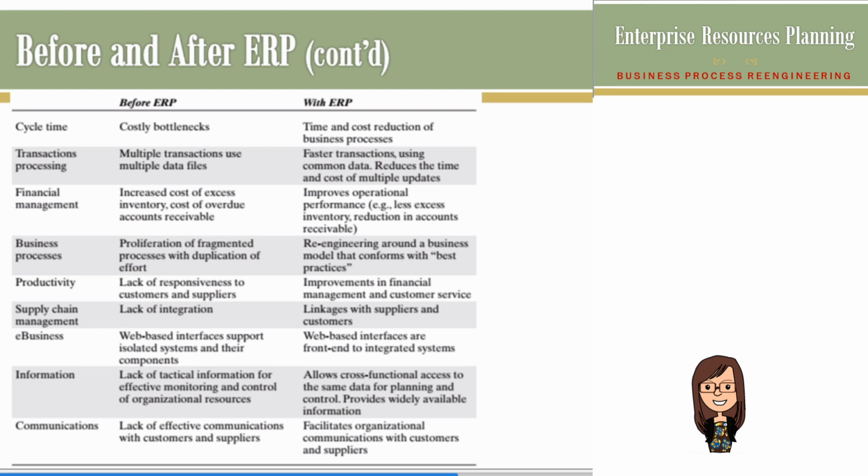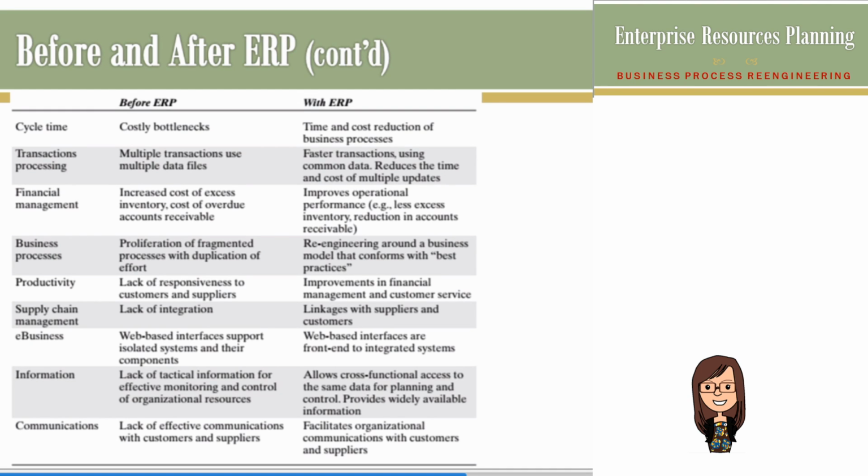When we have more accurate data, we can have more accurate reports, and by using those reports we can make more accurate decisions, of course. So that's why in terms of financial management there will be improvement, because our data is improving also.